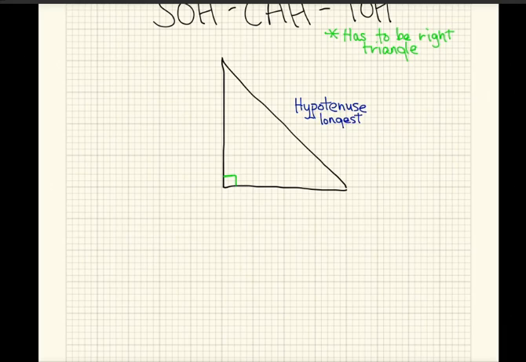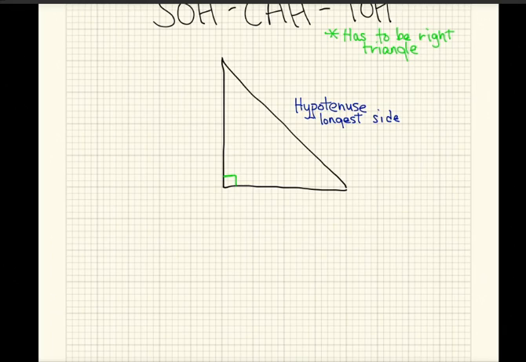Actually, I take that back. It's not actually a leg, but it's the longest side. So if your hypotenuse doesn't have the greatest length when you're doing everything, then something happened. All right, so that is a very important piece of information.